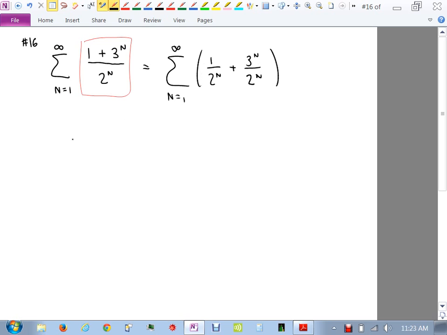Those have the same exponents. How can I rewrite 1 over 2 to the n? 1/2 to the n. Remember, anytime you have a 1 in the numerator, you can write it as 1 over that number to the n, because 1 to any power is still 1. So that doesn't change anything.